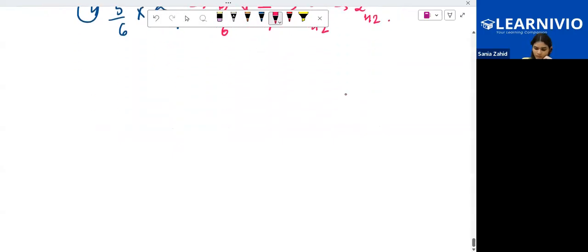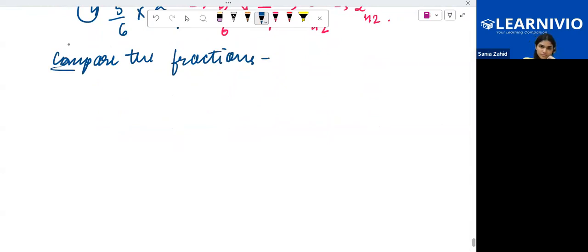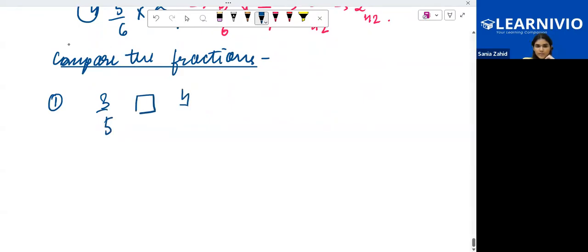Now you have to compare the numbers. How do you compare? For example, I'll give you one example. Look here. You have 3 by 5 and you have to compare it with 4 by 7.